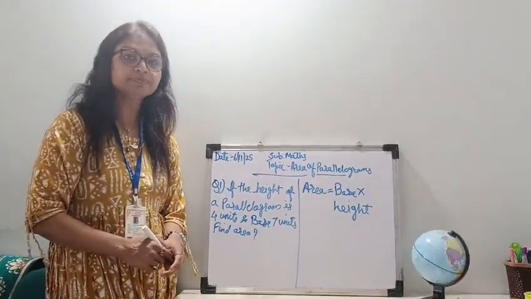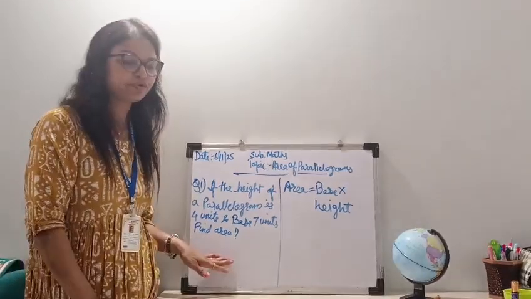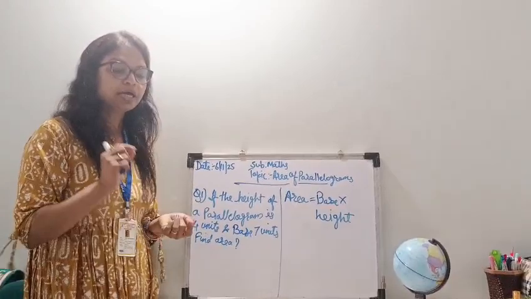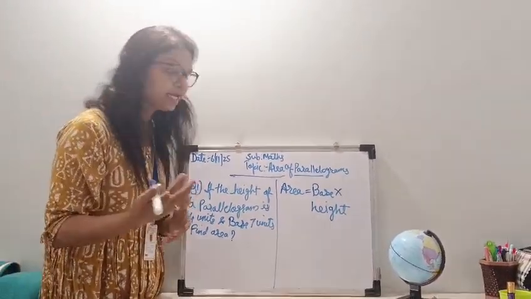Hope all are clear? Okay. I will repeat this question again for you. If a height of a parallelogram is 4 unit and the base is 7 unit, find the area.